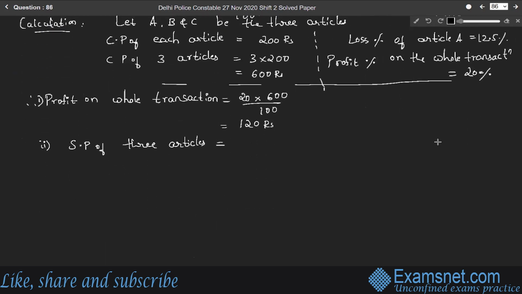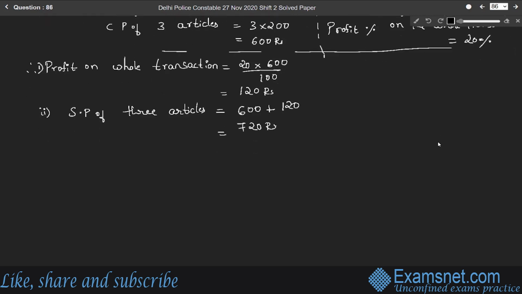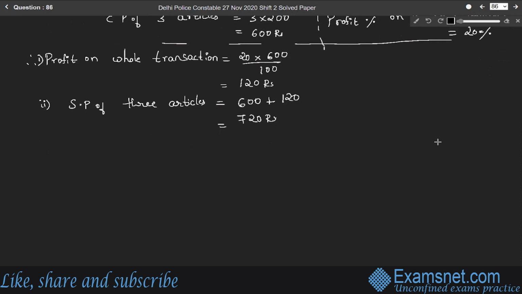Therefore, the selling price of 3 articles becomes cost price, that is 600, plus profit, 120, which is 720 rupees. Understood?